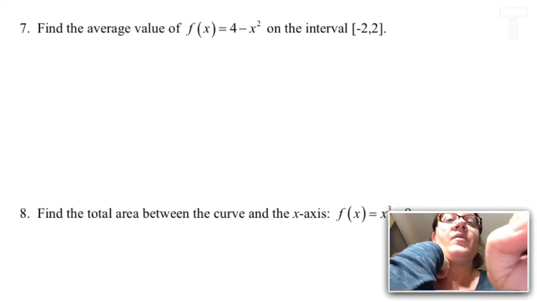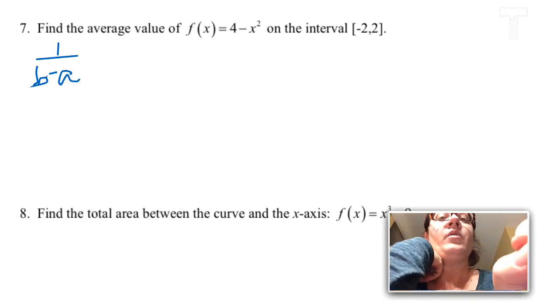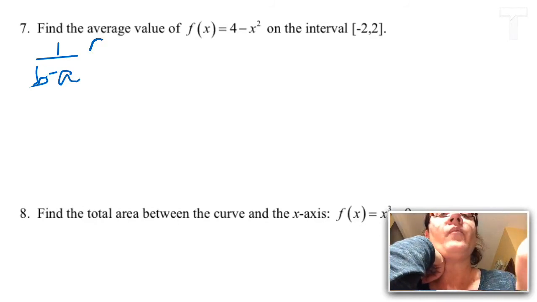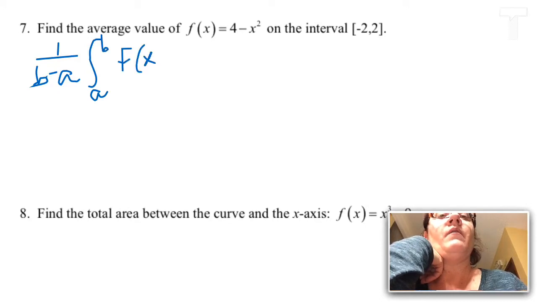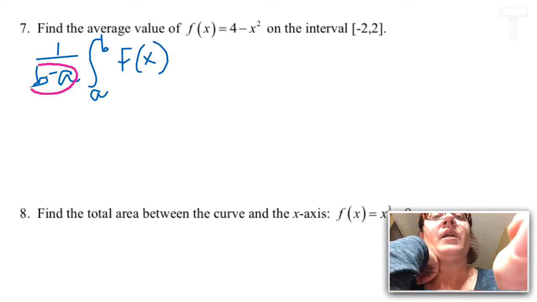So on this next piece, remember that formula that I was just using? If I want to find the average value, it's really asking me the average y value. And I can do that by integrating and dividing by the width. Remember again, this quantity right here is the width of the rectangle.